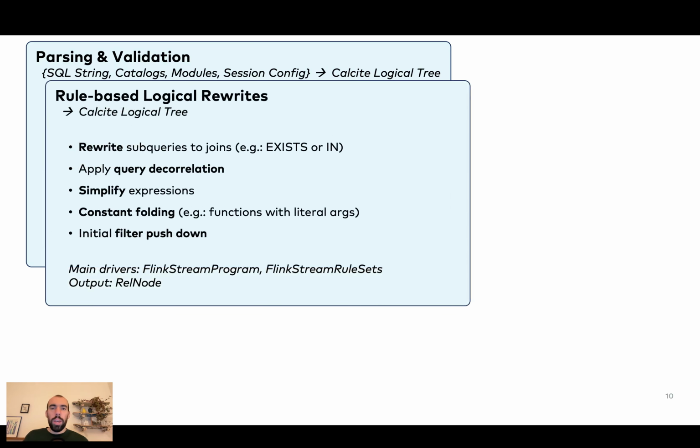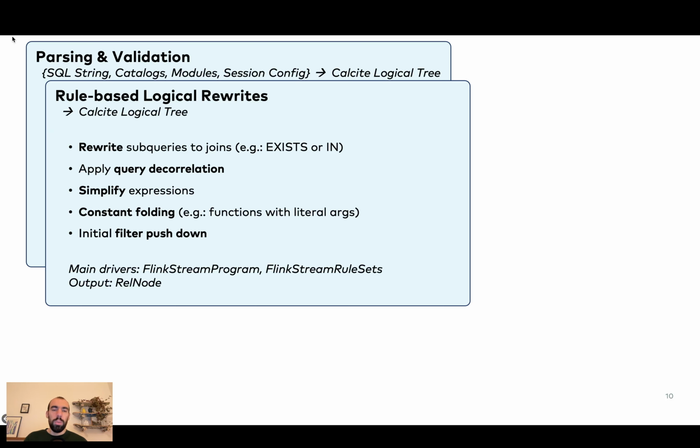All right, so now we have the Calcite logical tree as the input. And you will see now that there is not always a new tree. Sometimes different phases also operate on the same tree. So the next phase is the rule-based logical rewrite, which means this phase gets a logical tree but also returns a Calcite logical tree.